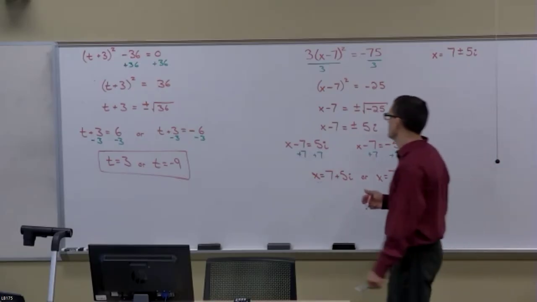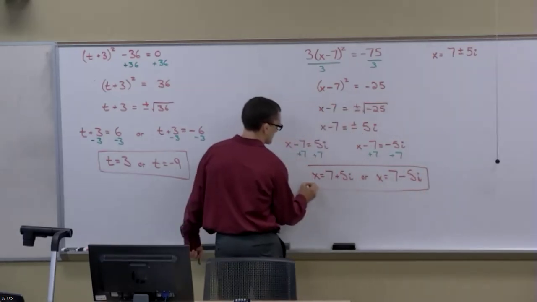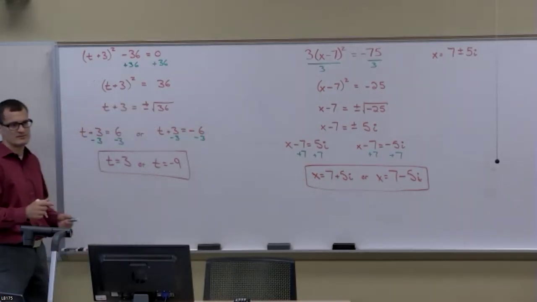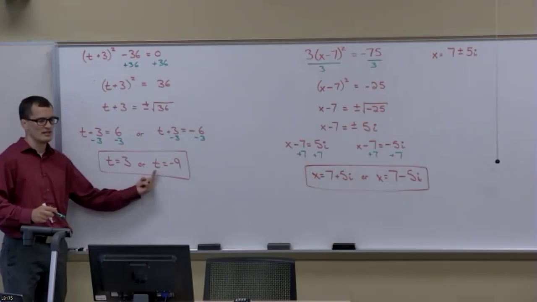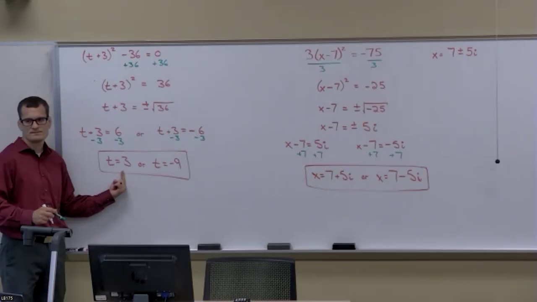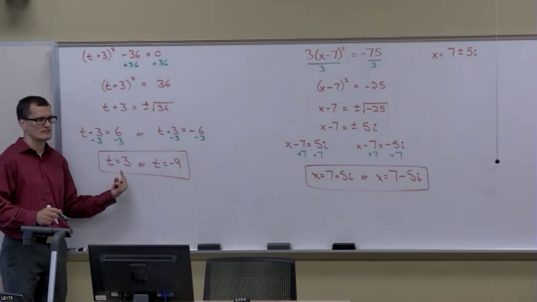And by the way, in Moodle, most of the time, it'll say, write your smaller answer first or your larger answer first. Obviously, if we're in this situation, -9 is smaller than +3. So we just order on the real parts.